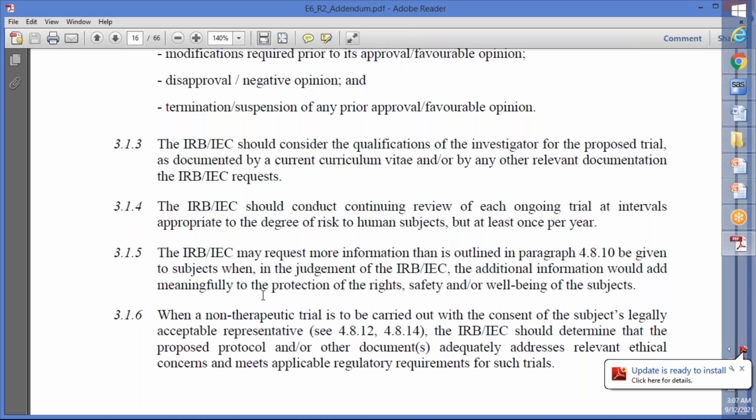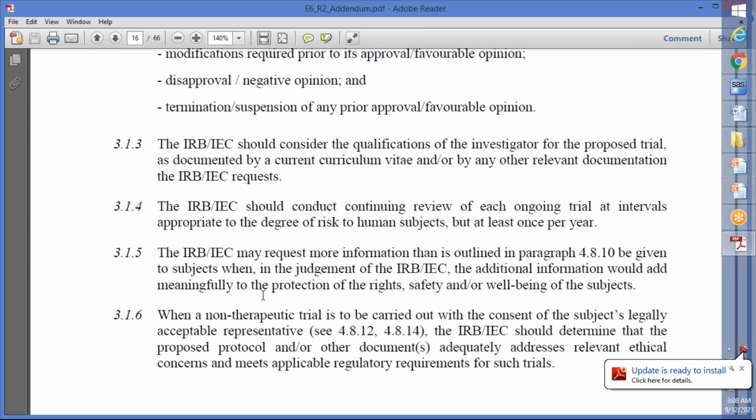IRB should conduct continuing review of each ongoing clinical trial at different intervals, at least once per year. And IRB may request more information than is outlined in 4.8.10.